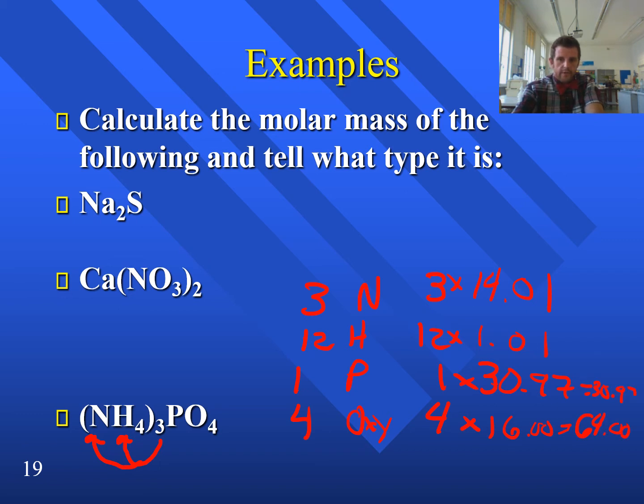This is going to be 12.12, and then 42.03. And now that you have these, add them all up.